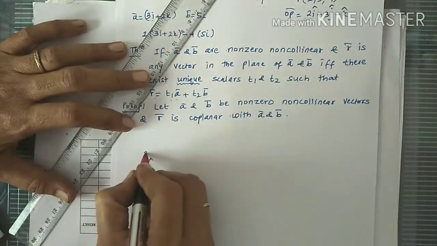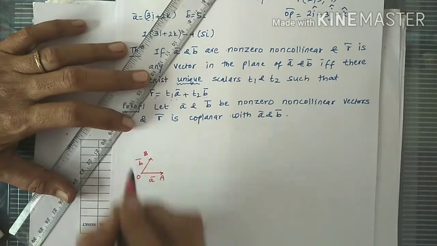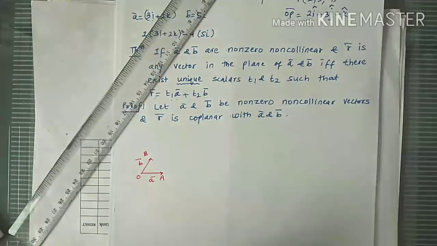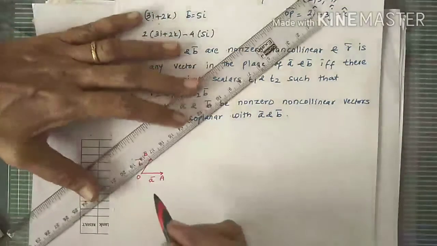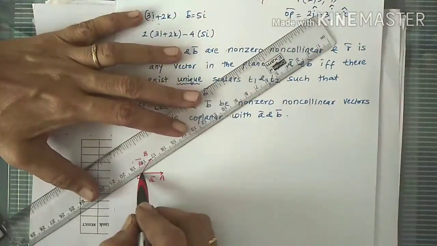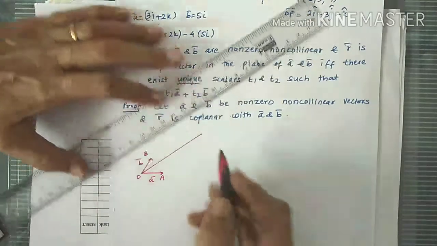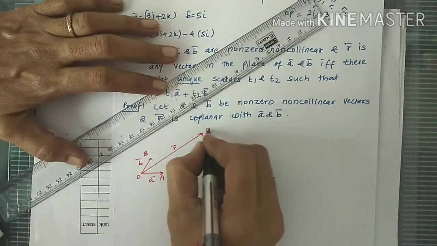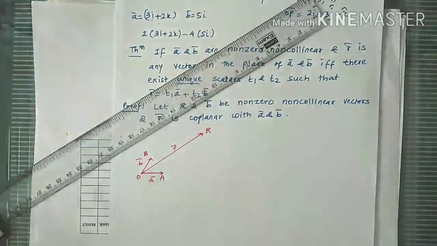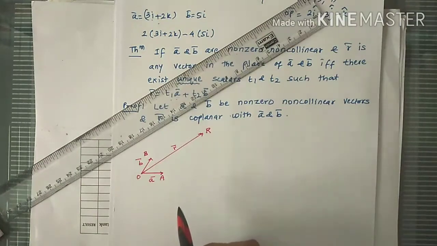Now if they don't have the same initial point, we can draw parallel vectors to them, and by equality of vectors we can select such vectors. Let r bar be coplanar with a bar and b bar. So let this be OR bar, that is r bar. Now let's construct a parallelogram. How to construct a parallelogram?